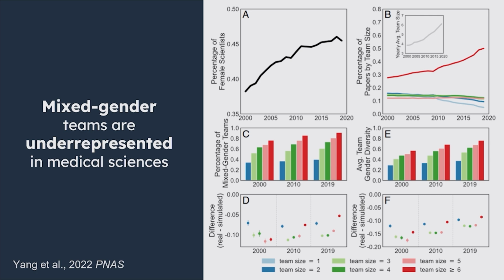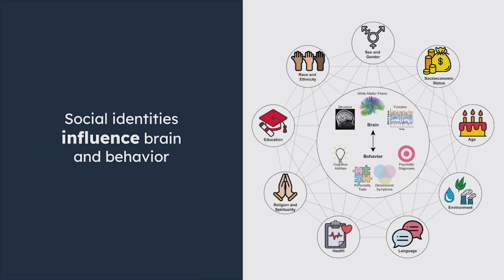It was reported that although the percentage of female scientists has increased and the percentage of publications by mixed gender teams has grown rapidly, mixed gender teams still continue to be underrepresented in our scientific landscape today. Lastly, social identities have an important impact on brain and behavior. Our identities, ranging from access to healthcare, language, environment, and so on, all form our unique lived experiences.